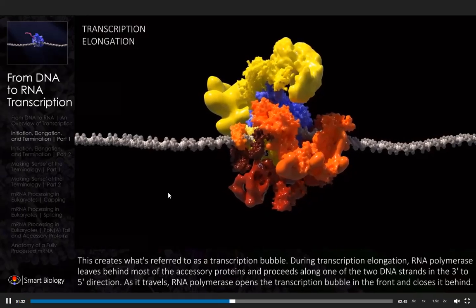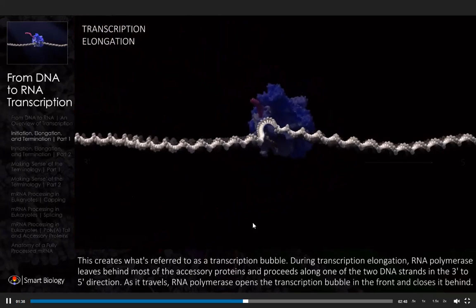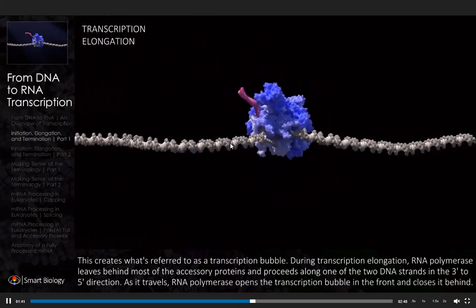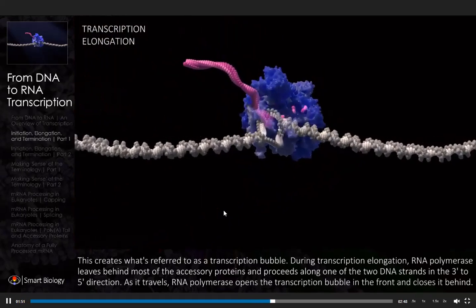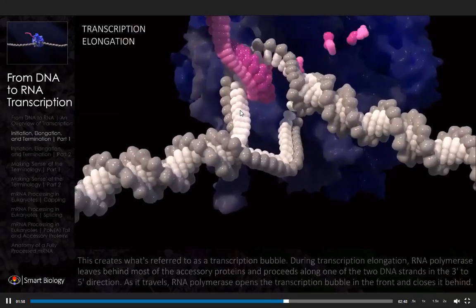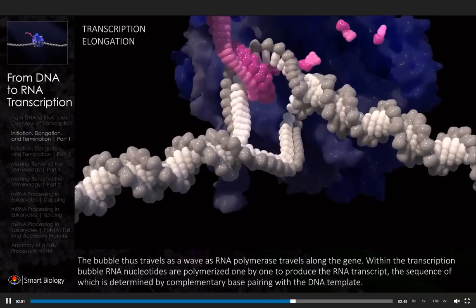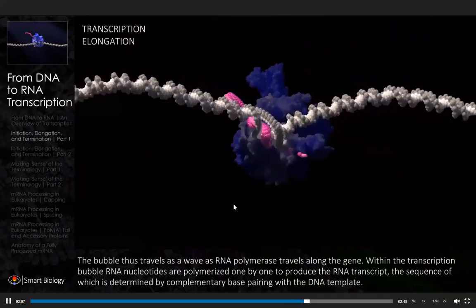So let's have a look. So you can see the bubble here, and you can see the mRNA being synthesized over here. These are the nucleotides that are coming. You don't see the pyrophosphate being released, but it is also being released, which will then break down in order to give the energy needed.